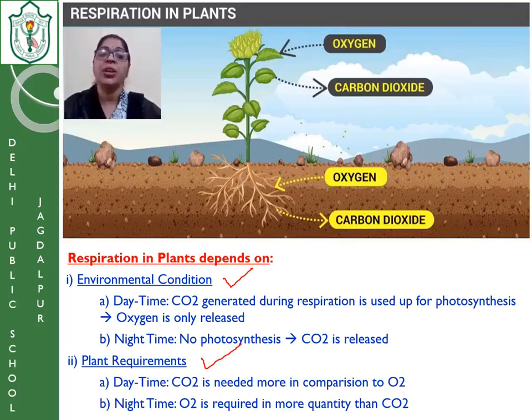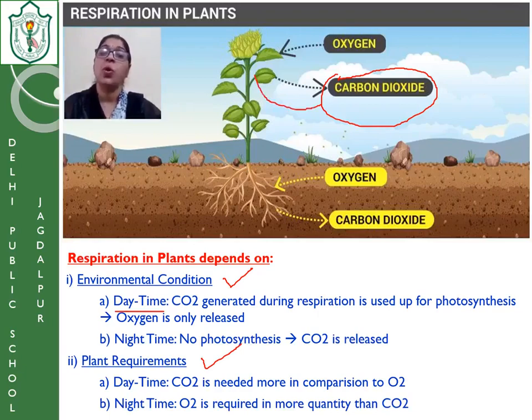First one, during the daytime, when the sun is there, what will happen? The plant is doing both processes, photosynthesis and respiration. Okay. So during respiration in the daytime, the plant is taking in oxygen and releasing carbon dioxide. But all the carbon dioxide it is releasing is consumed by the plant for photosynthesis.